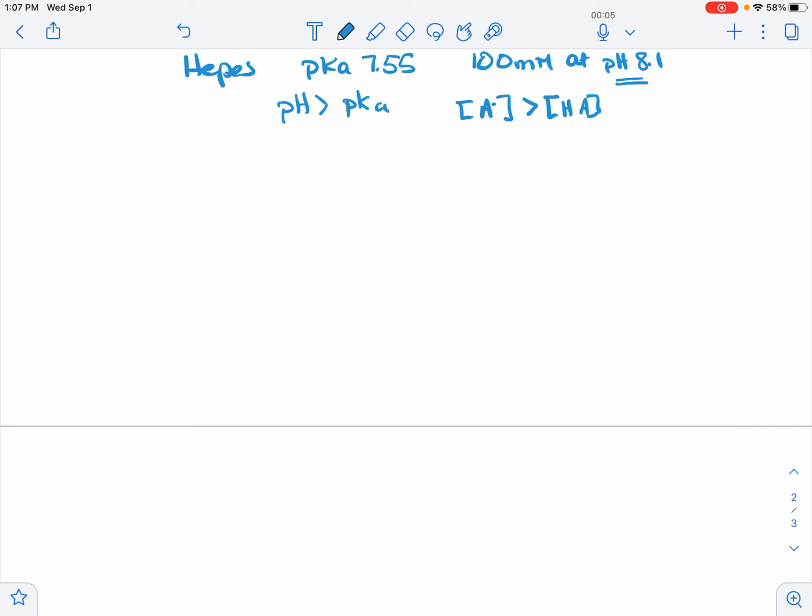So our link between pH and acid-base ratios is Henderson-Hasselbalch. pH equals pKa plus the log, and I'm going to just leave out the brackets to make it easy, of the ratio of A minus to HA. 8.1 equals 7.55 plus the log, and I'm just going to call that ratio X, just to make it simple.